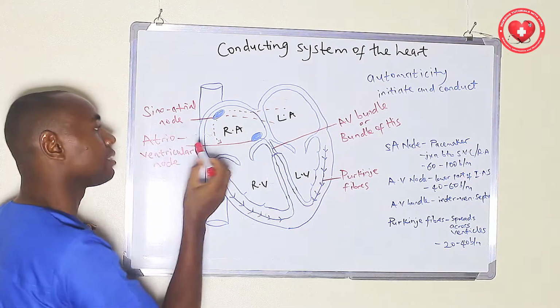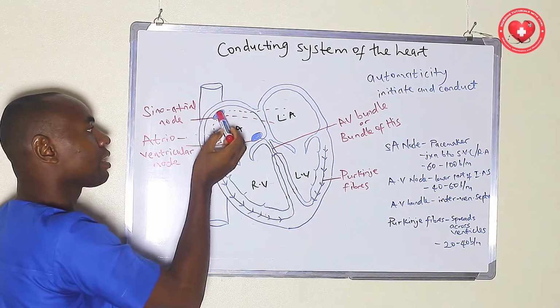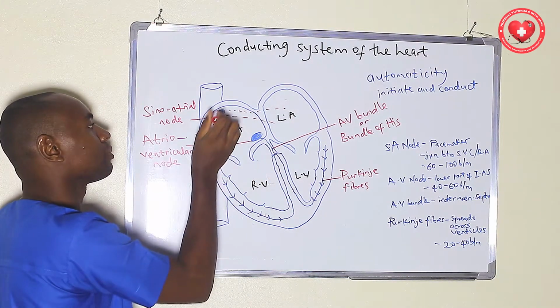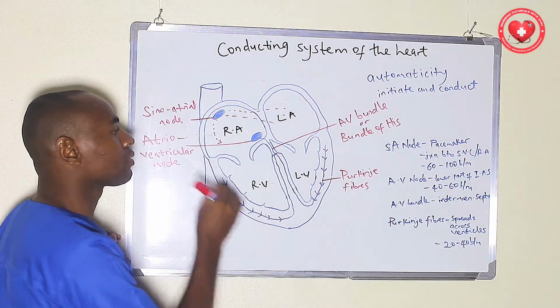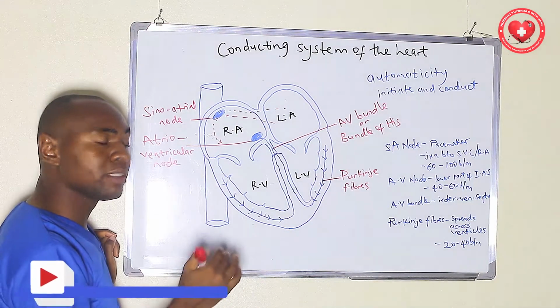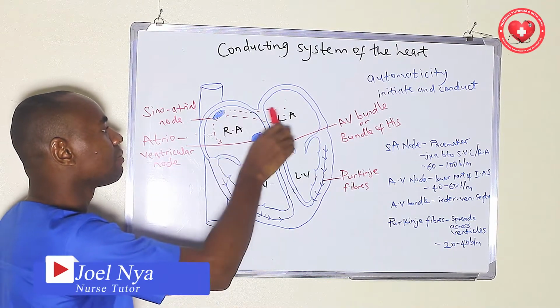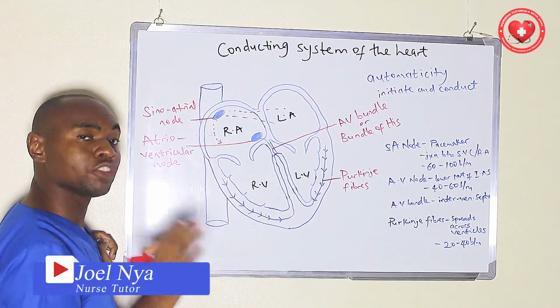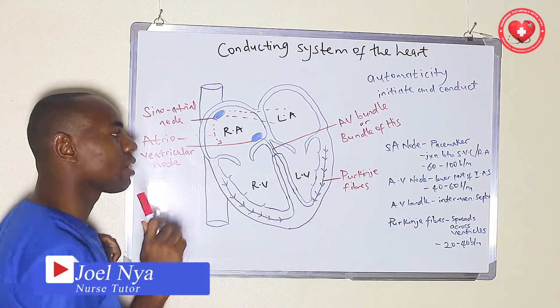It is located at the junction between the superior vena cava and the right atrium, just here. It generates impulses at a rate of 60 to 100 beats per minute. So, it spreads its impulse around. That's the sinoatrial node.